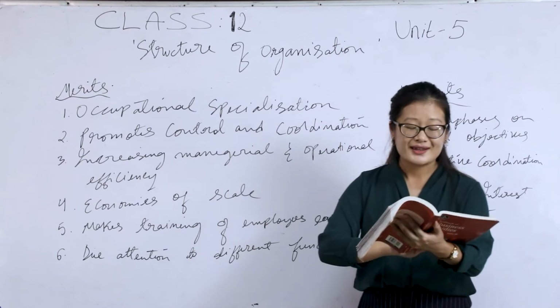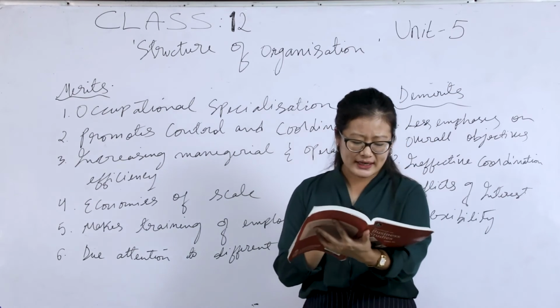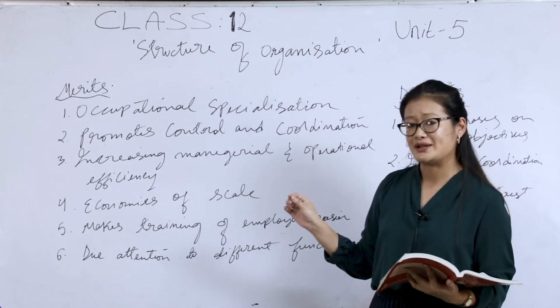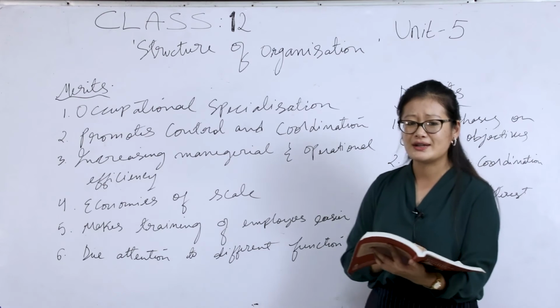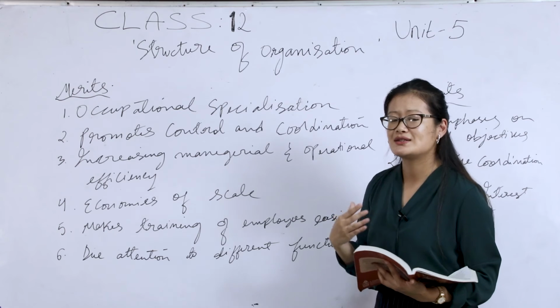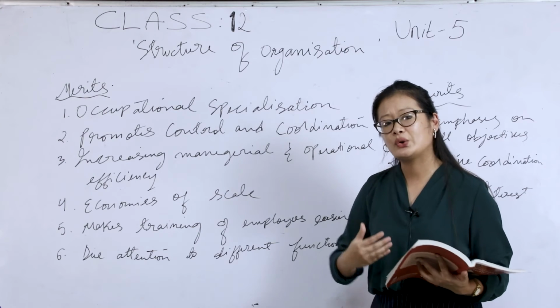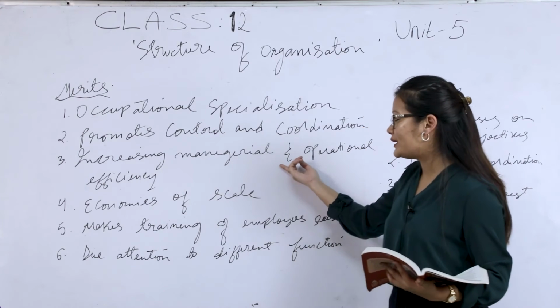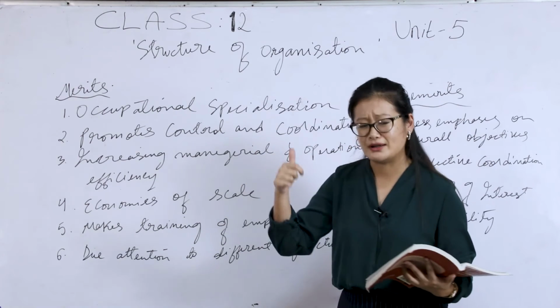Here it says that functional organization also brings a lot of increase in the organization, since the workers are already equipped in what they are doing. So in that way, it brings efficiency in their management.